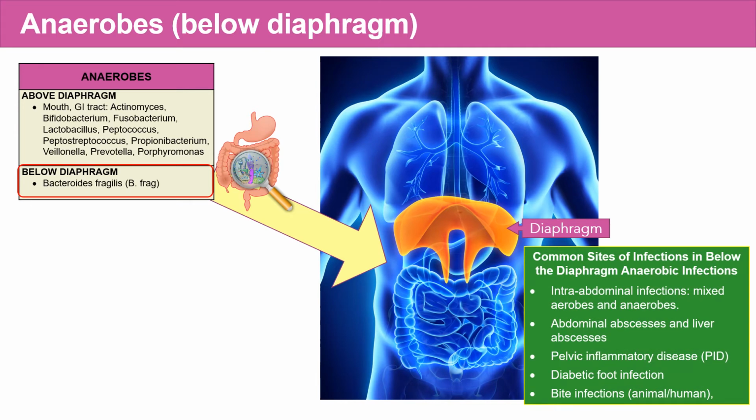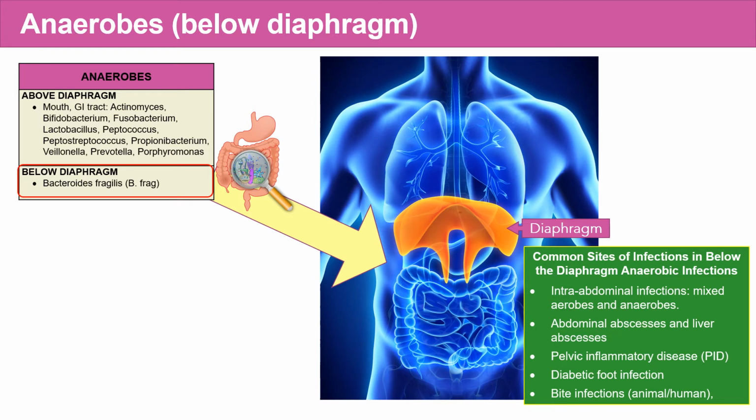Now, what types of infections can be involved with these types of anaerobes? Intra-abdominal infections can be caused by B. frag. And this can not only be purely anaerobic, but it's also found to be mixed with other aerobes, either gram-positives or gram-negatives.